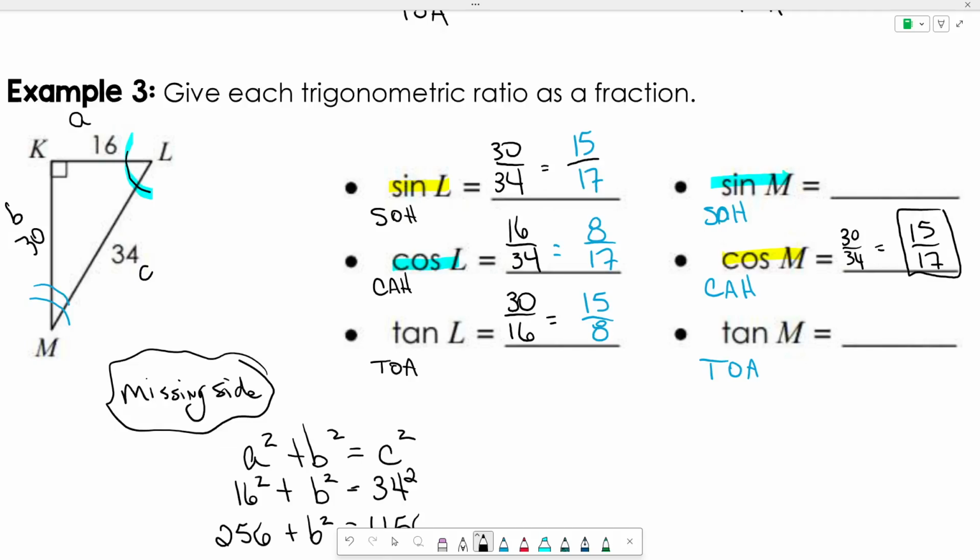So I can go through and just put 16 over 34, which is 8 over 17. And then my tangent is the reciprocal, so that would be 16 over 30, which is 8 over 15.